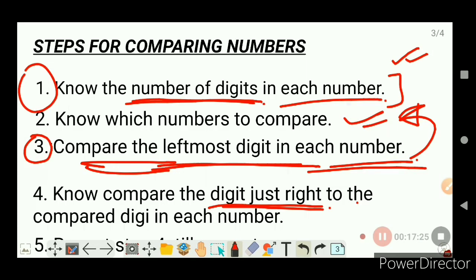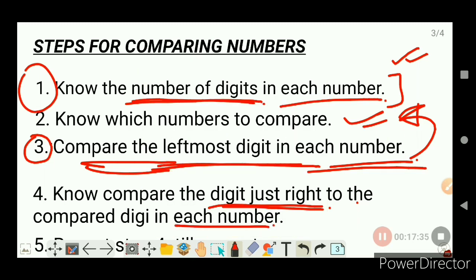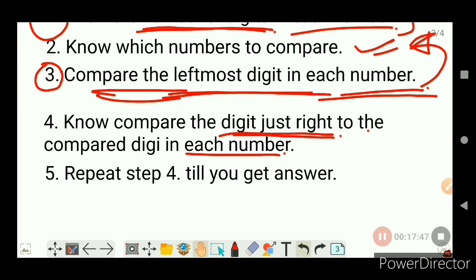Then compare the leftmost digit as we have done there, and then compare the digit just right of the compared digit in each number. That means we had compared 9, 9, 9 in each number, then we compared the digit just right, that was 2, 0 and 2, and then we compared ahead till we get the answer.